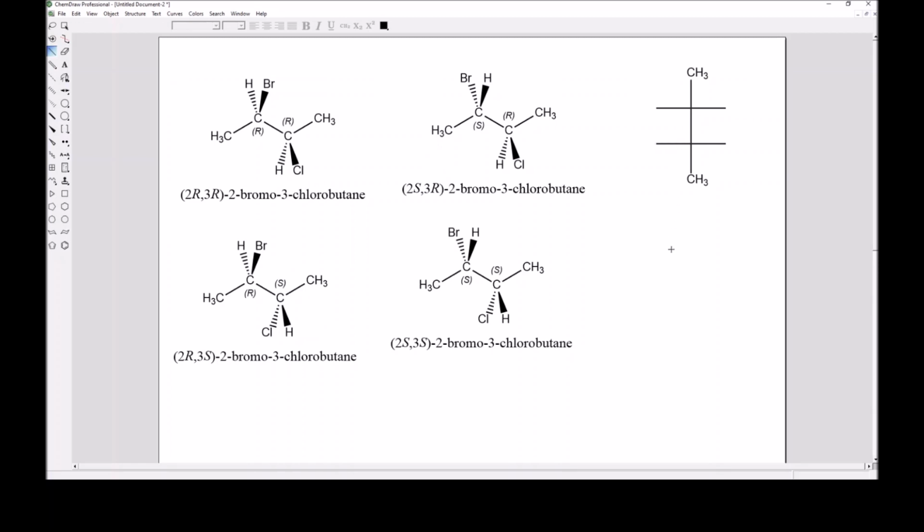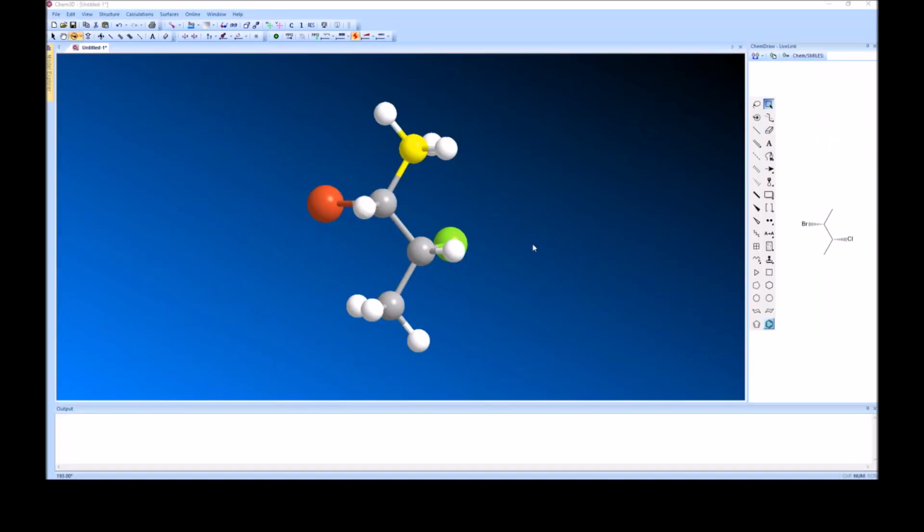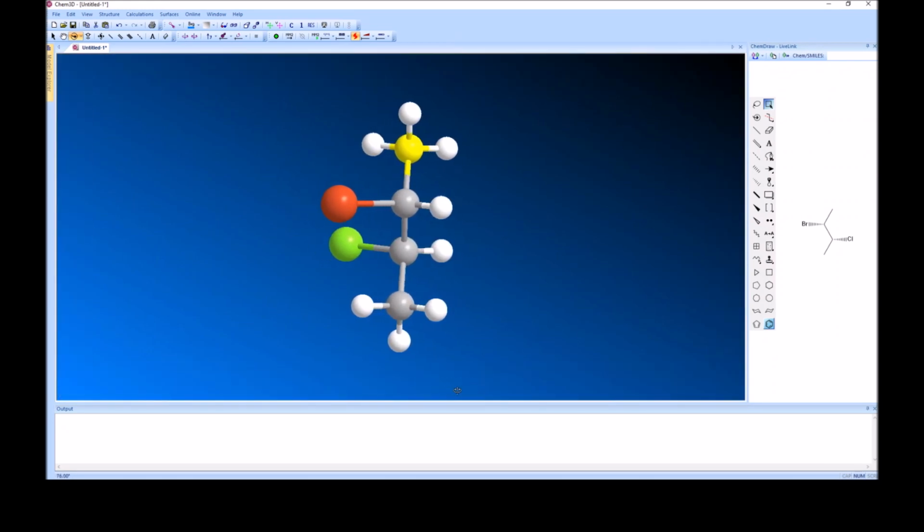And I'm going to go back to the 3-dimensional model to show you how Fischer wants you to look at this compound. Now you might ask, why does Fischer get to tell us how to look at these compounds? Well, he has one more Nobel Prize in chemistry than you do, so there's that. All right, so I've got this compound and I've picked it up by its head and it's dangling here.